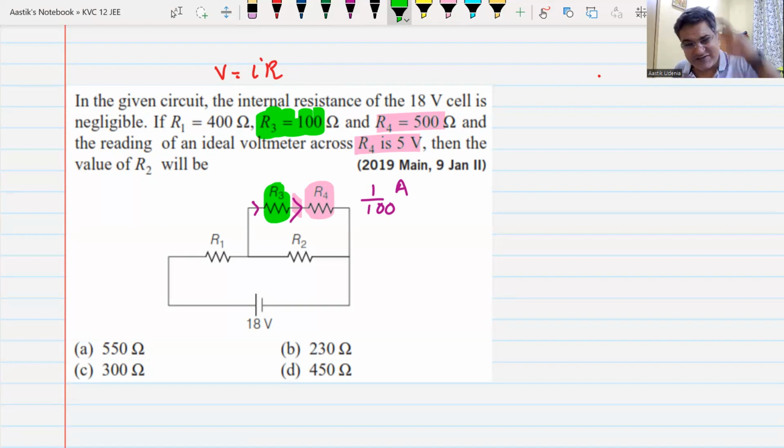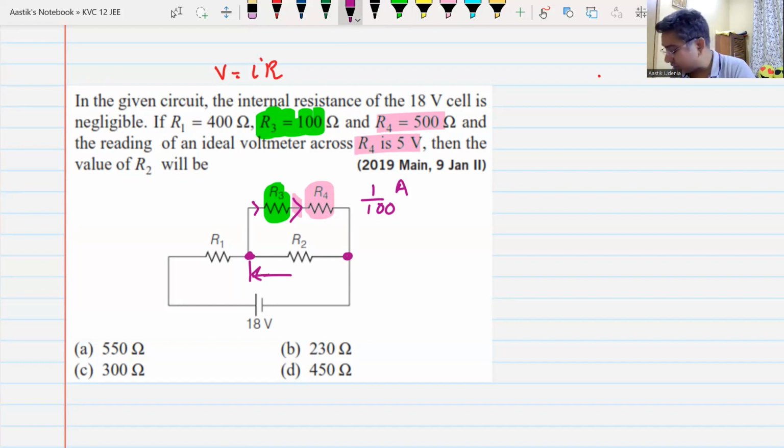The only formula that we know in resistance is V = IR. From there, I can find the value of V, the potential drop across this combination, between this point and this point.